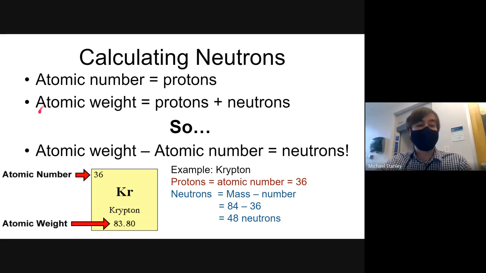And again, we could do that the other way around, right? If we wanted to double check that the atomic weight was right. So if we know that we have 36 protons and 48 neutrons, if we combine the 36 and the 48 together, we should get 84, which is about the correct atomic weight.